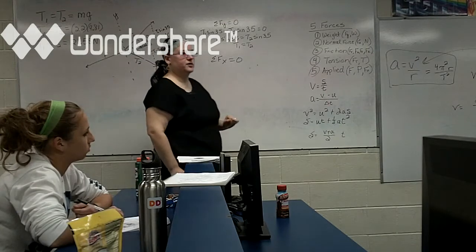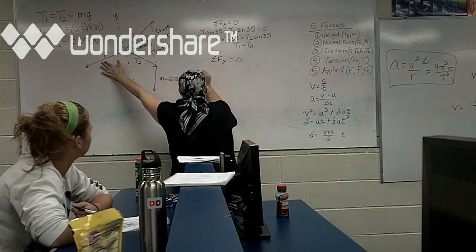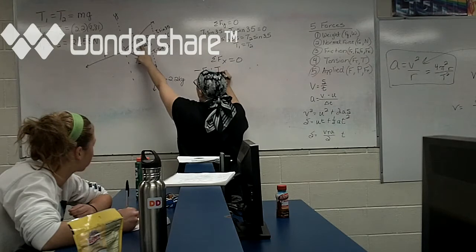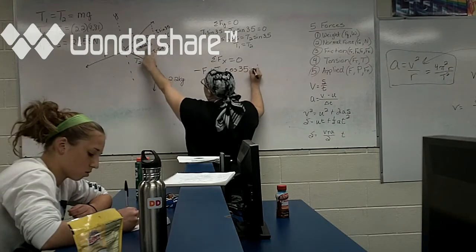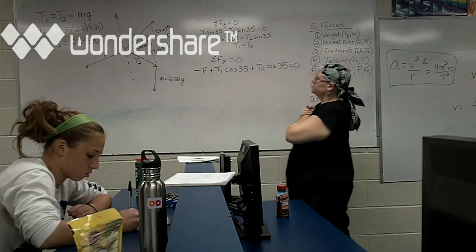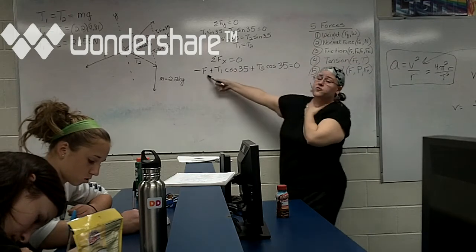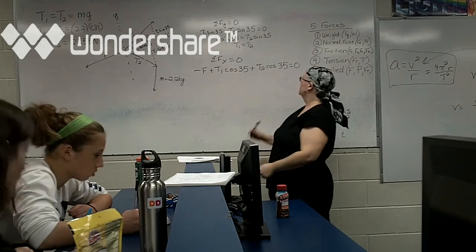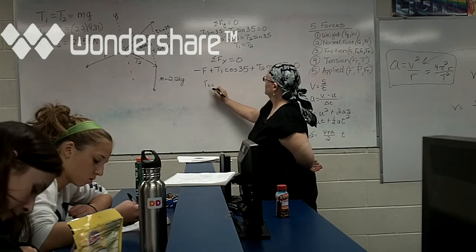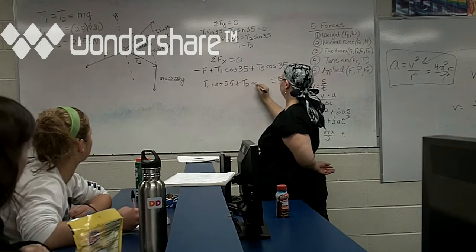So let's sum our forces horizontally. What do we have horizontally? We have negative F, right? And then we have positive T1 cosine 35, positive T2 cosine of 35, and that's equal to 0. We can move that to the other side, right? That would make it equal to F: T1 cosine 35 plus T2 cosine of 35.